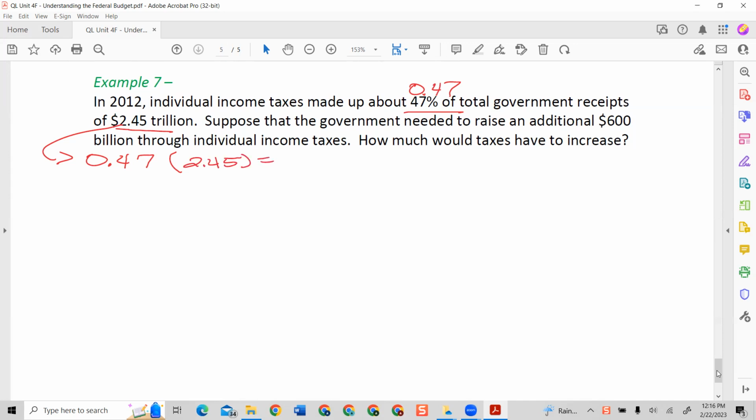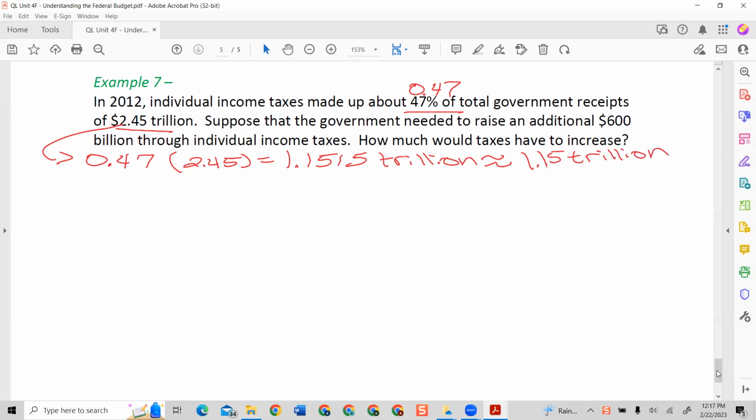And you could write the trillion in there because in the notation we do need it. 0.47 times 2.45, we get 1.1515 trillion. Just watch on the rounding. I'm going to round to the nearest hundredth. That's the government revenue from individual income tax.